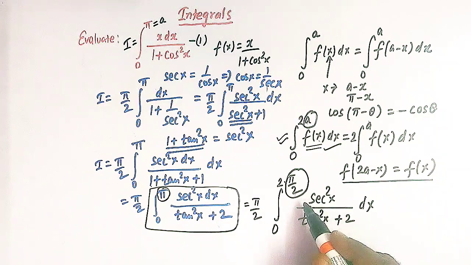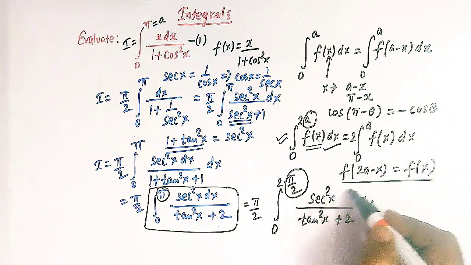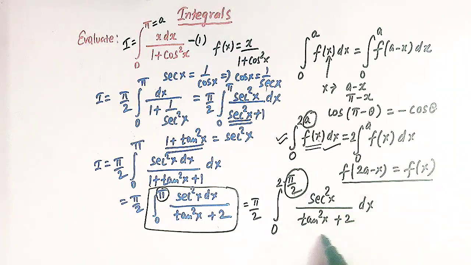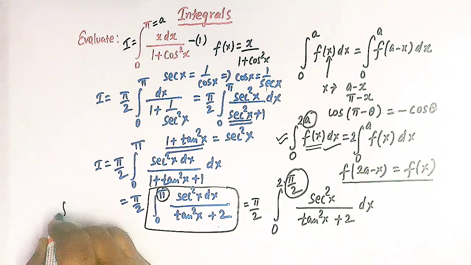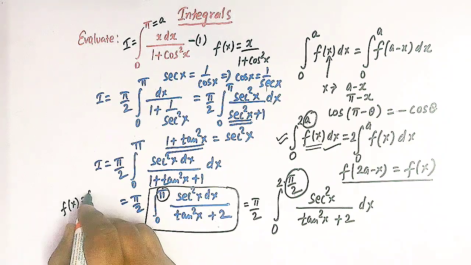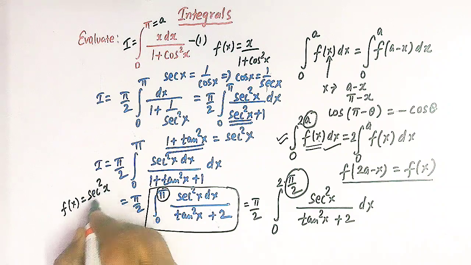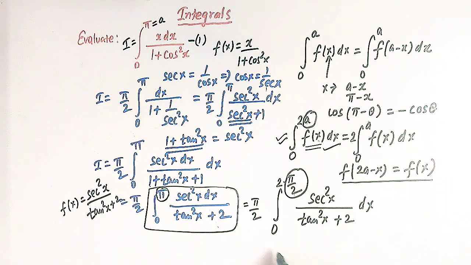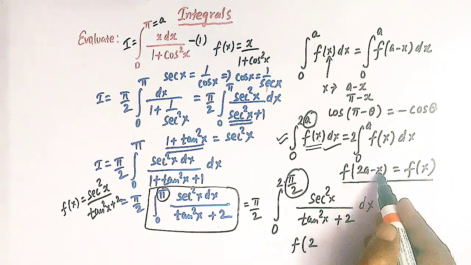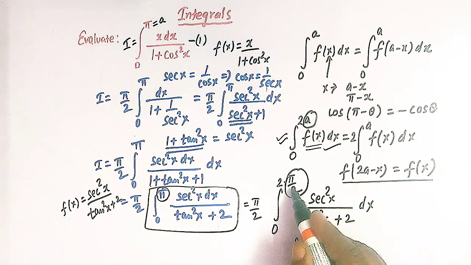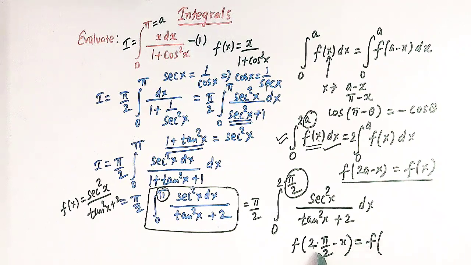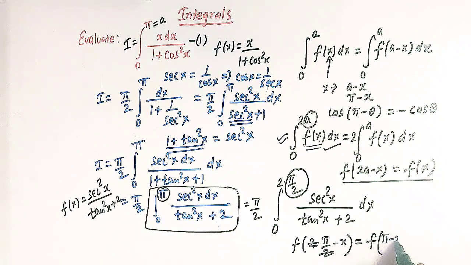Now we have to see whether this condition is valid for this function. Here f of x is secant square x over tan square x plus 2. So f of 2a minus x, where a is pi by 2, is f of 2 times pi by 2 minus x, which is f of pi minus x.